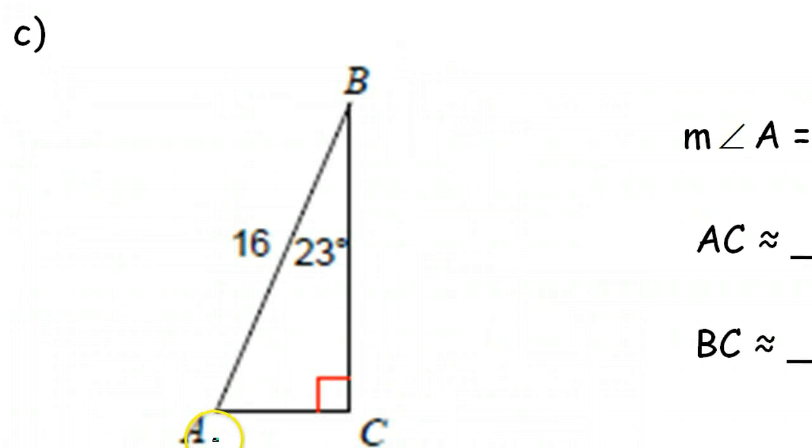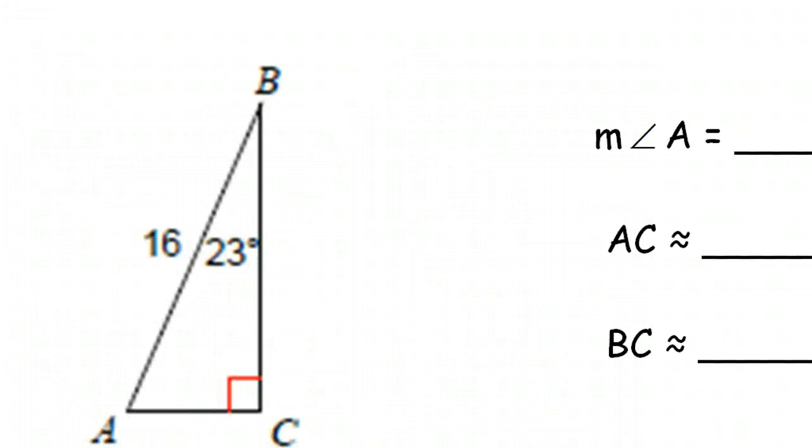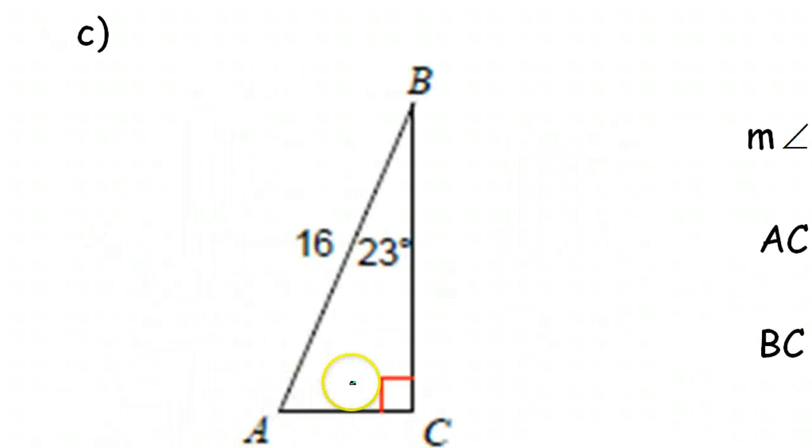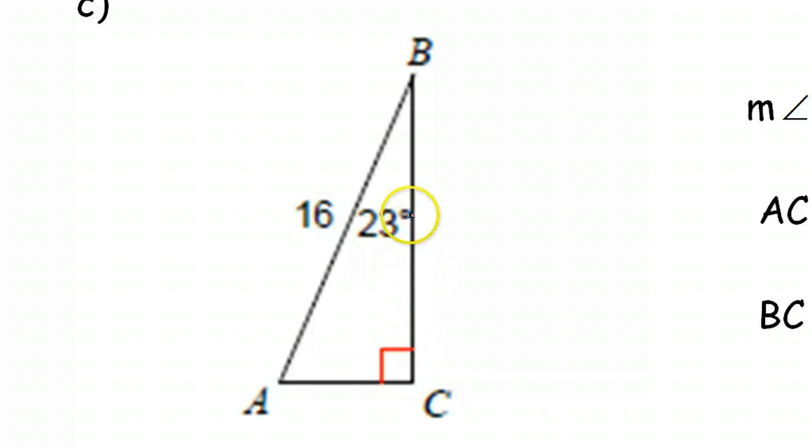Alright, here comes problem number 1, part C. First we're looking for the measure of angle A. We're given the measure of angle B, so for angle A, I'm just going to do 90 minus 23.